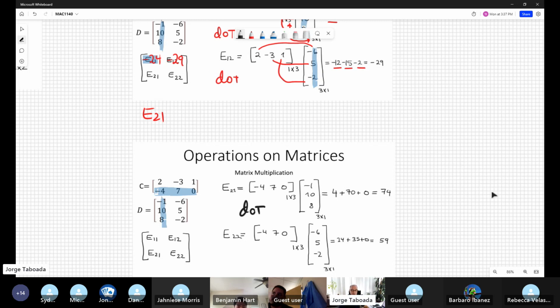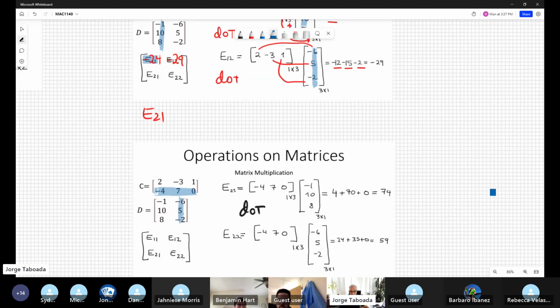And finally, E22 is the multiplication of the row 2 in C and the column 2.